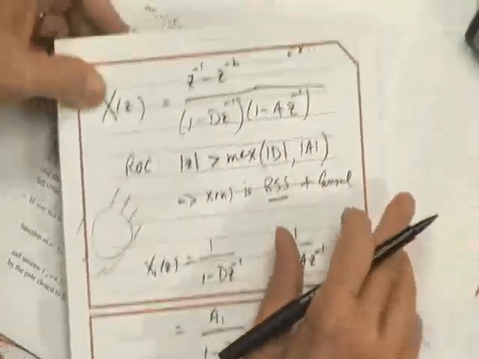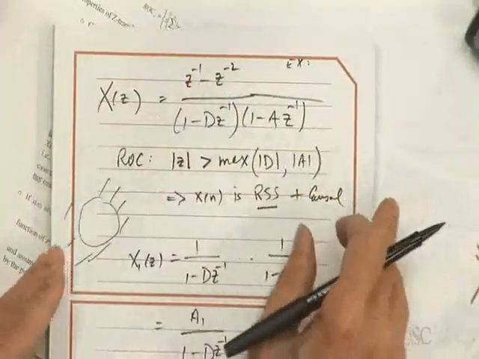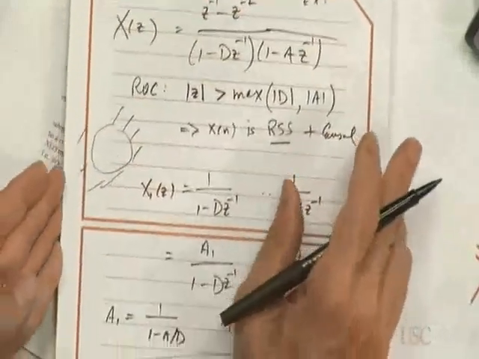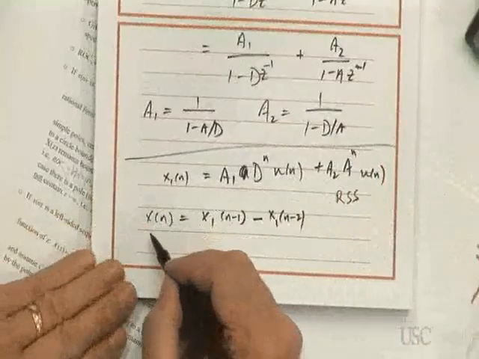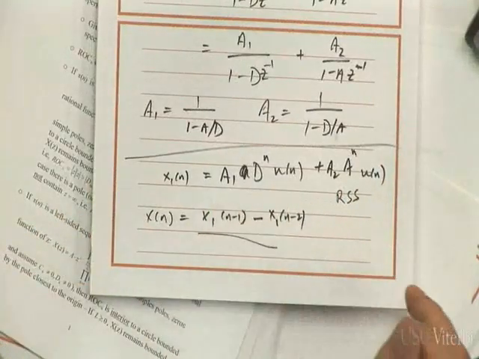So in other words, you think of this as z inverse times X1 of z minus z to the minus 2 times X1 of z. And we know from the shift property that in the inverse domain, x of n is x1 of n minus 1. It's just shifted in time.